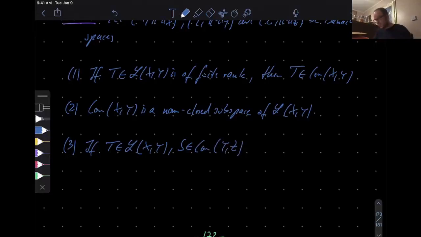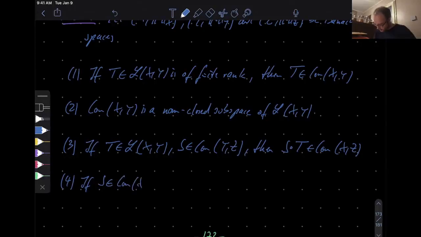The next ones, 3 and 4, these are algebraic properties. If you have taken some class in abstract algebra, then these statements say that the compact operators form a two-sided ideal in, well, the L(X,Y), right?